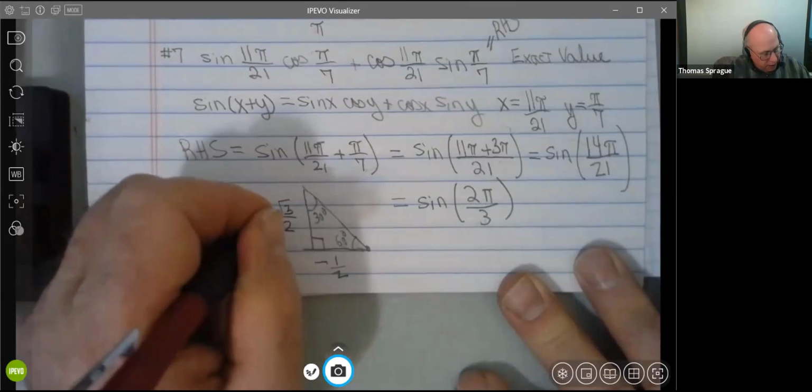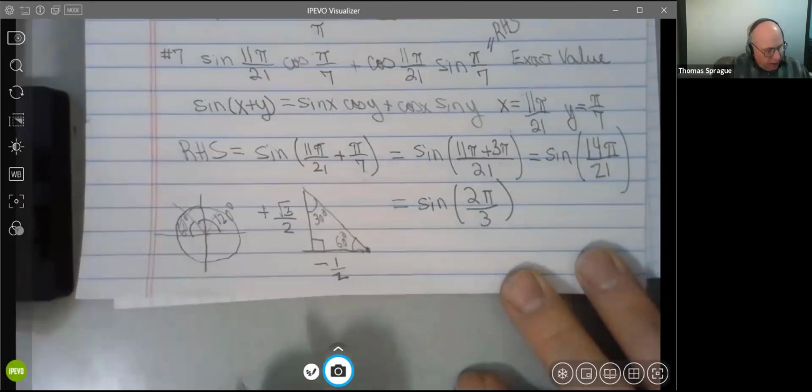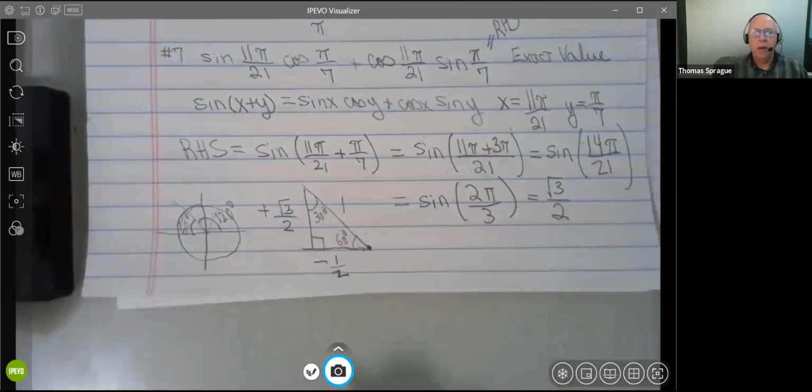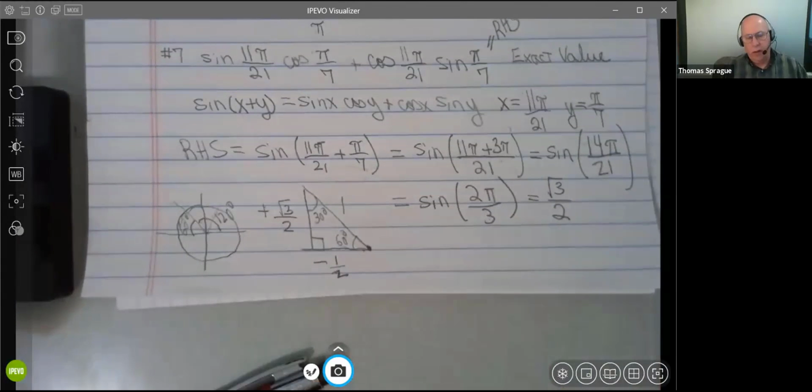Okay, so the sine of 2 pi over 3 is going to be, let's say, opposite over hypotenuse. Hypotenuse is 1, so √3/2.